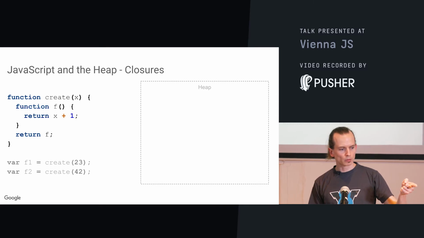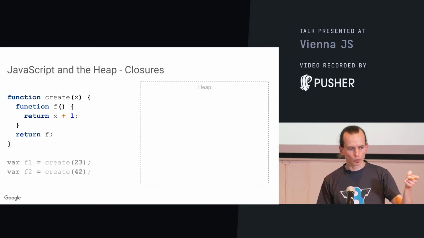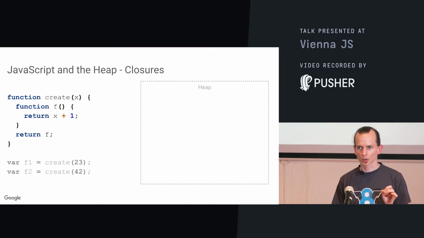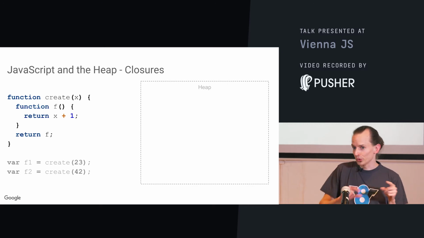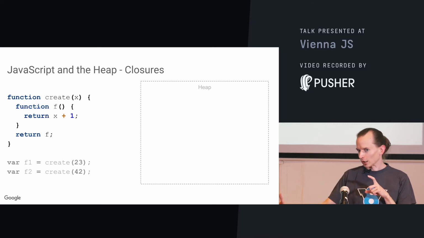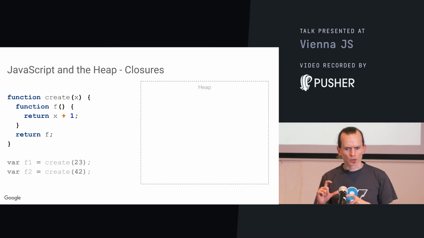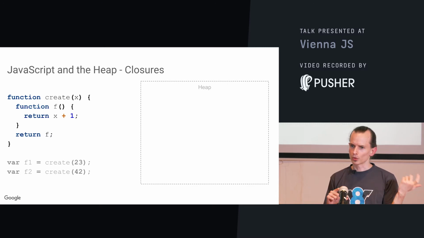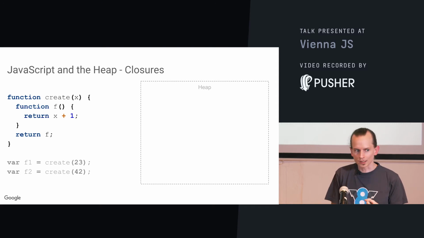In this example, we have a create function with a local variable x that is passed in as an argument. But the x is also used inside another function, right? Inside a closure. And what that means is that when create returns, the value of the variable is still held onto by f. So that means it actually needs to live somewhere that is longer than the lifetime of the create function.